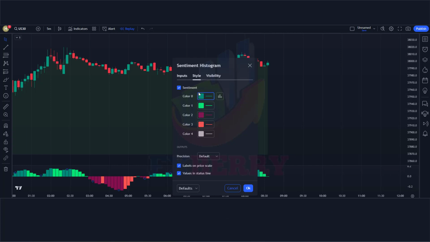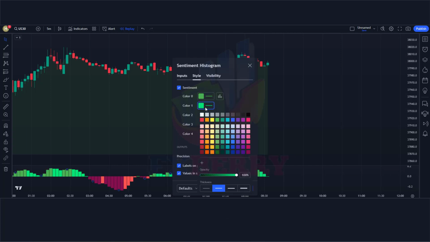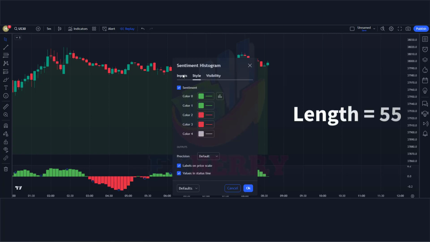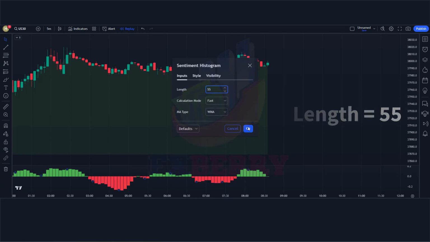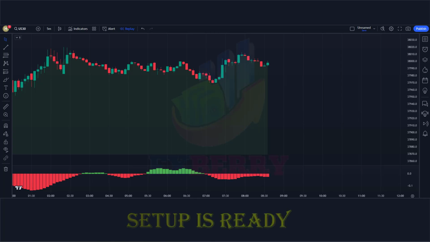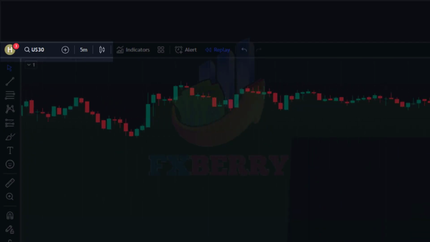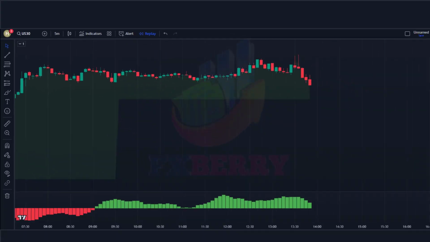Keep the indicator setting as I have shown here. Setup is ready. We are going to test this strategy on 5 minutes time frame in US 30 chart.